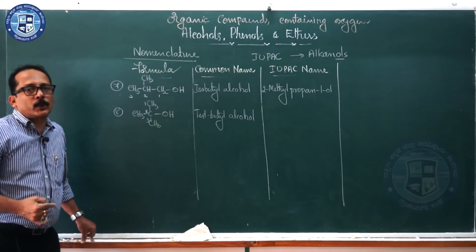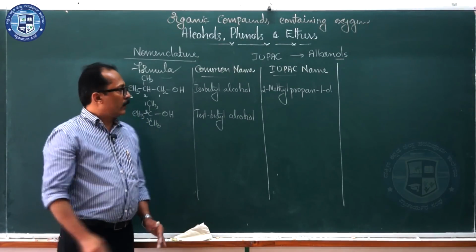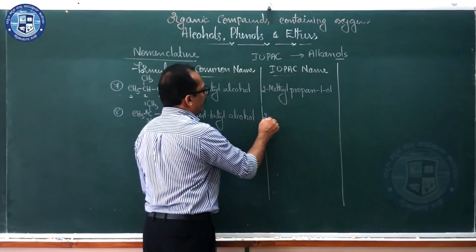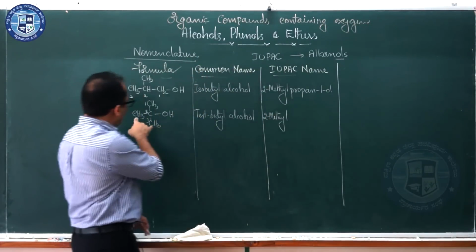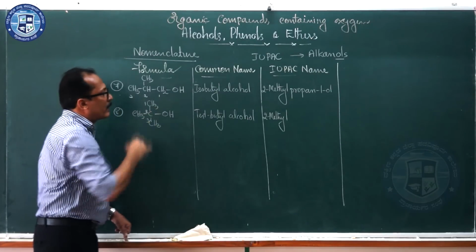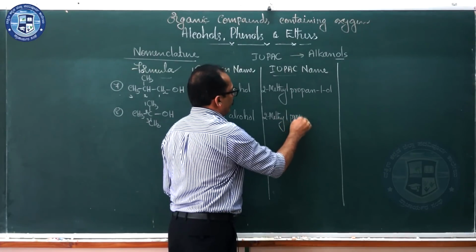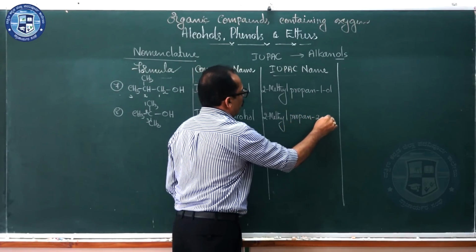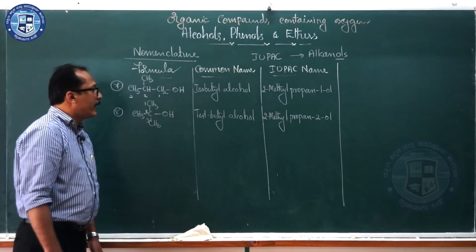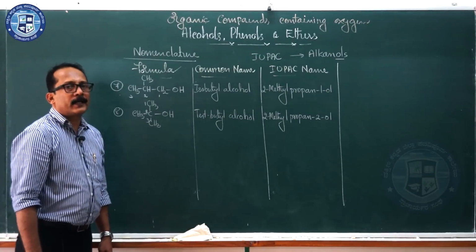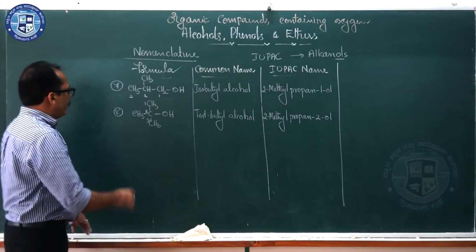The OH group is the functional group; the methyl group acts as a prefix, a substituent. The position of the methyl group is 2, so 2-methyl propan-2-ol is the IUPAC name of tertiary butyl alcohol.